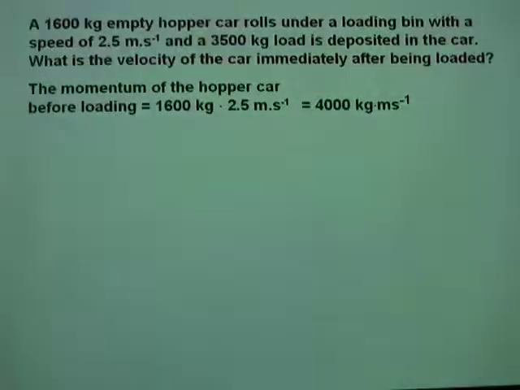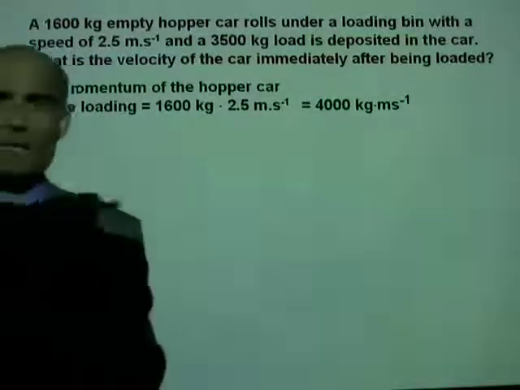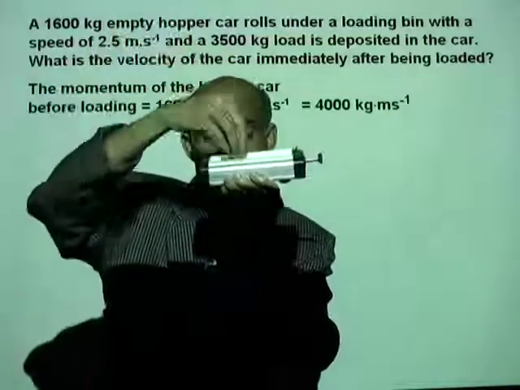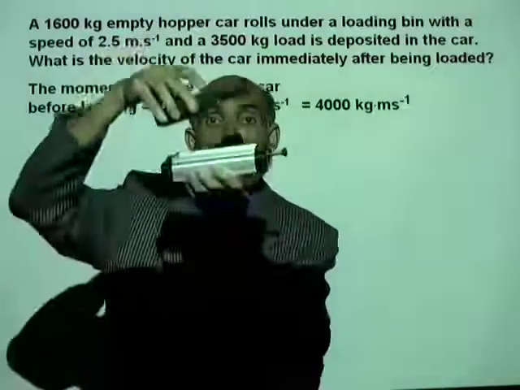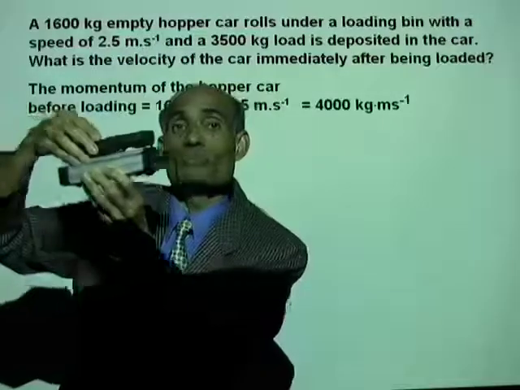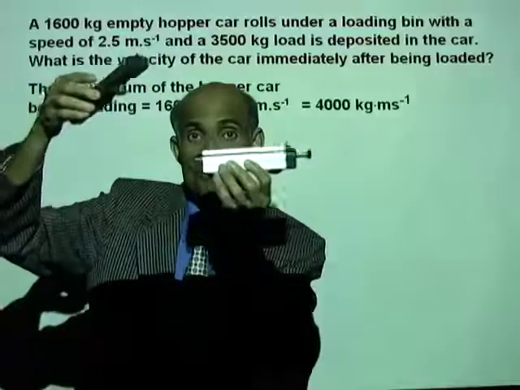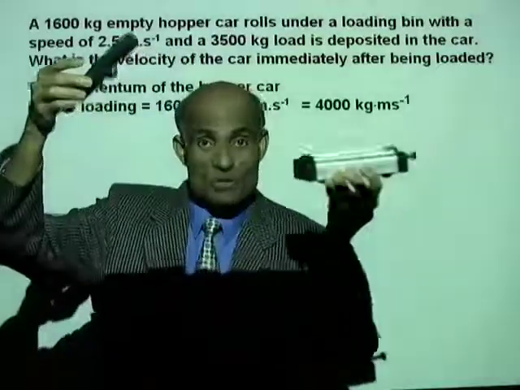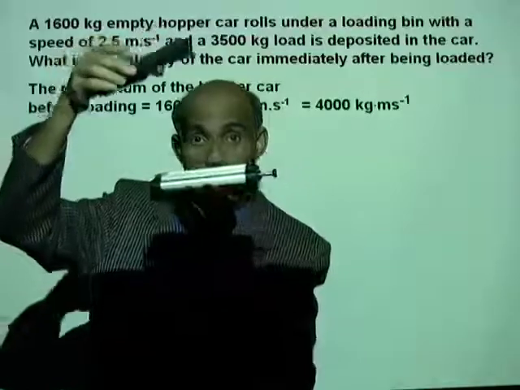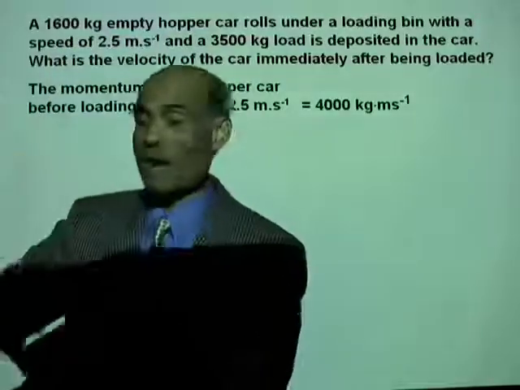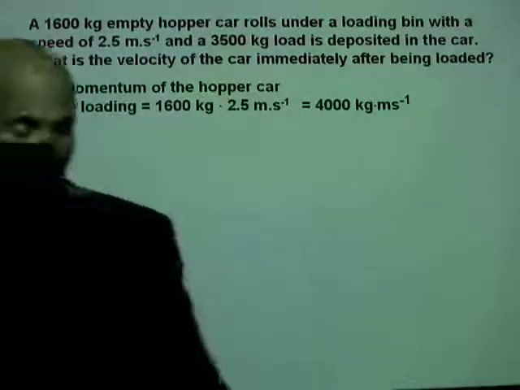So the hopper car moves in, and the load gets deposited on it at that time and it moves away. The total momentum before the loading, the action here is the loading. So the total momentum before loading must be equal to the total momentum after loading. Okay?